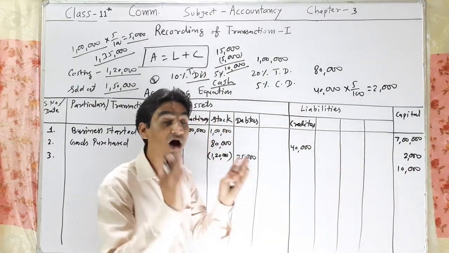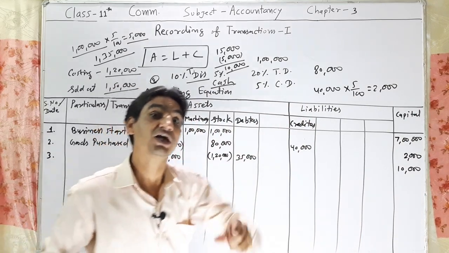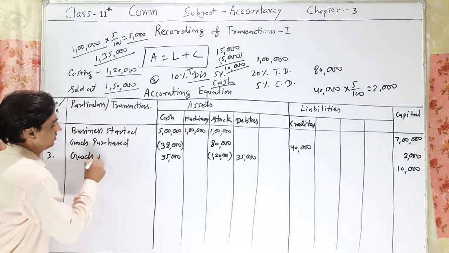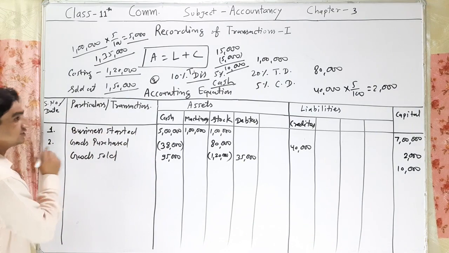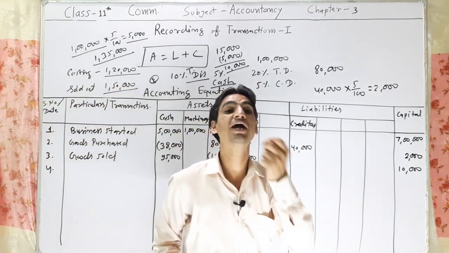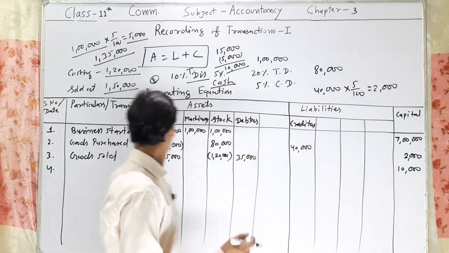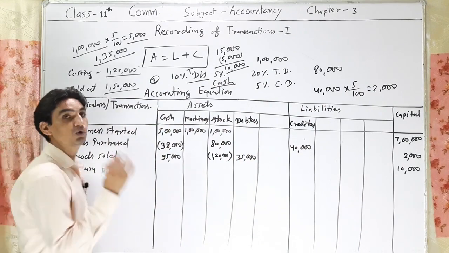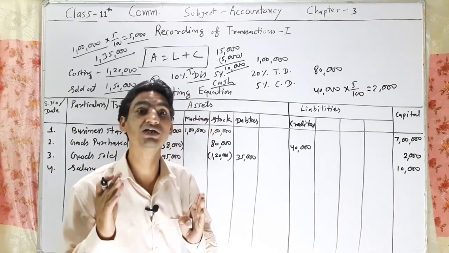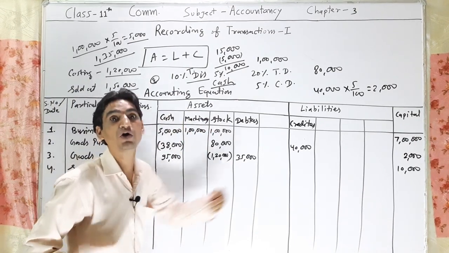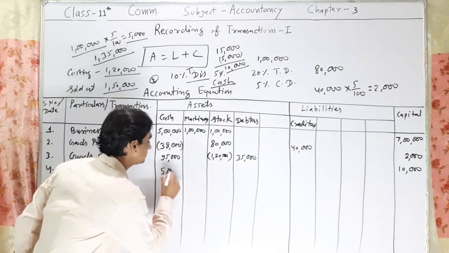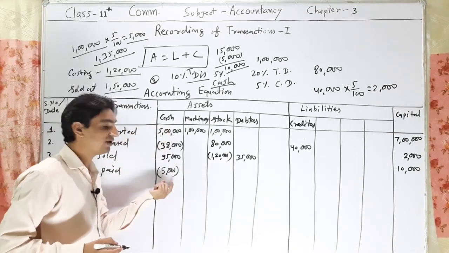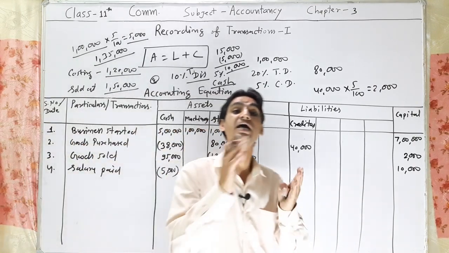I hope you understood how to record the transaction with trade discount and cash discount. The fourth transaction: salary paid rupees 5,000. Cash will be outgoing from your business, so cash is reduced by rupees 5,000, and salary is an expense.